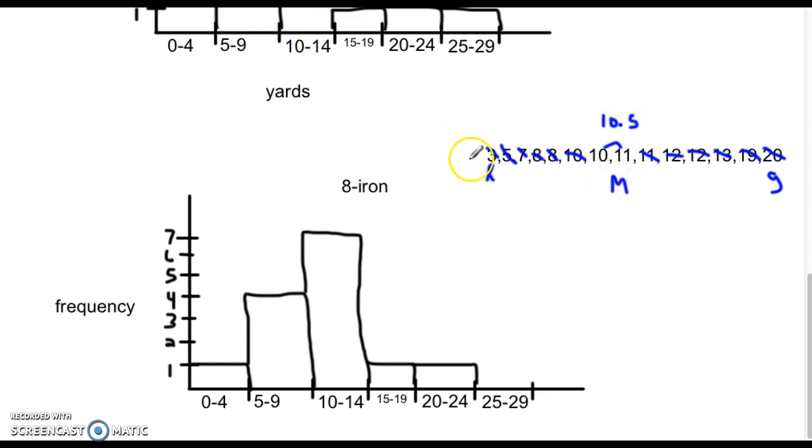Then for quartile 1, I have to find the middle of my first half. The middle of my first half is 8, so that's quartile 1. And the middle of my second half is 12, so that would be quartile 3.